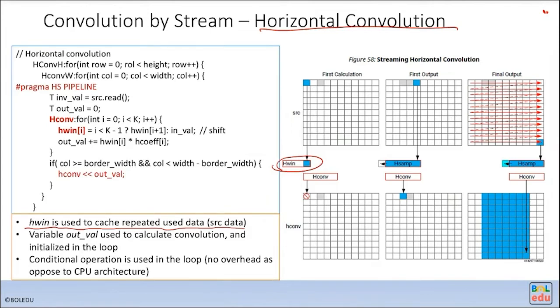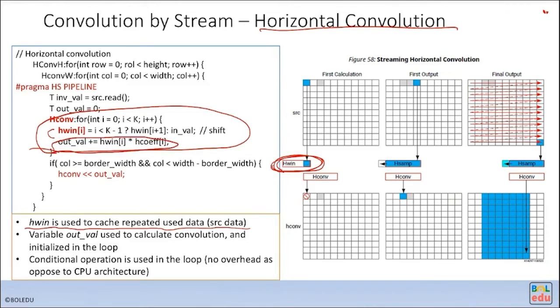In here, actually the horizontal window is performed in a shifter manner. So that's the loop doing the convolution and also doing the shifting here. Look at the code here.